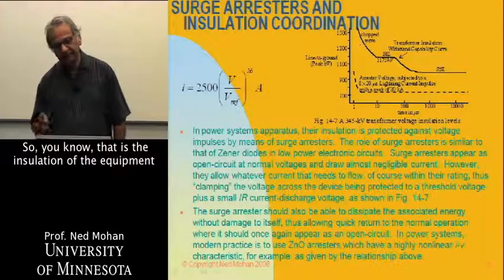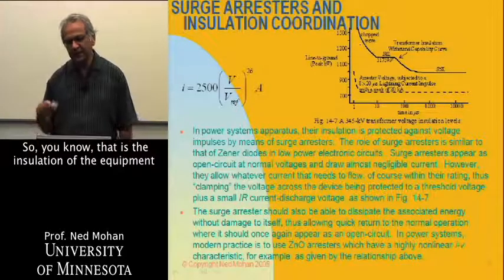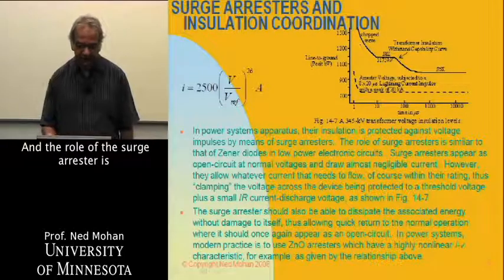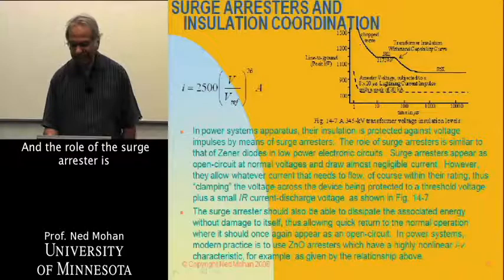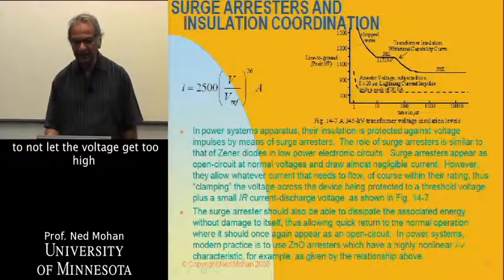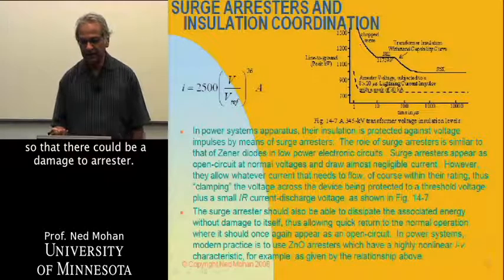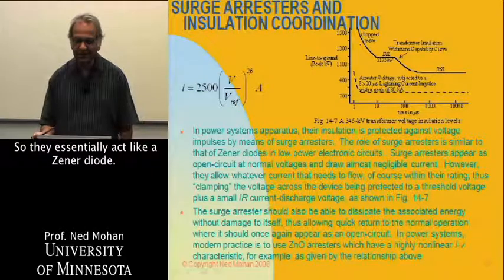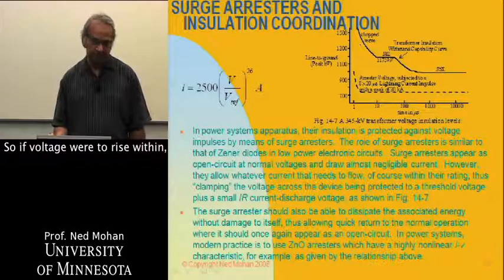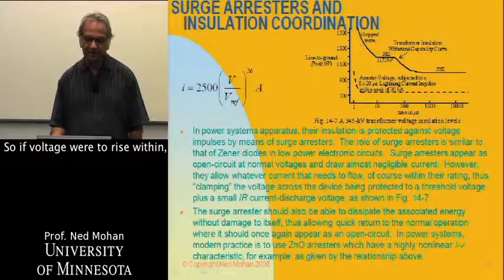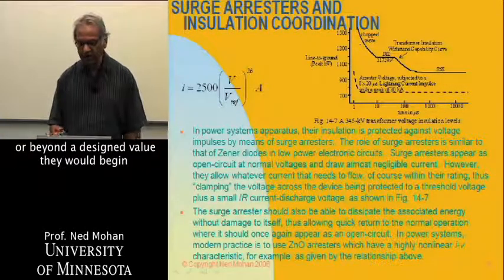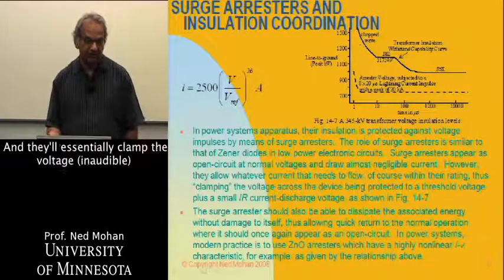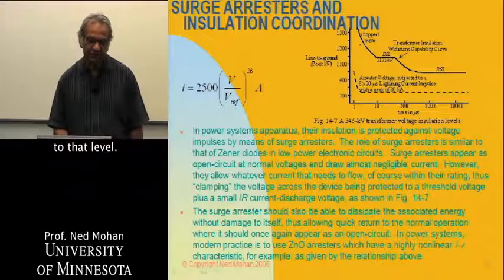So that is the insulation of the equipment, but then we also have surge arresters, and the role of the surge arresters is to not let the voltages get too high, so that there could be no damage to the equipment. They essentially act like a Zener diode. So if voltage were to rise beyond a design value, they will begin to pass very large currents, and they'll essentially clamp the voltage at that level.